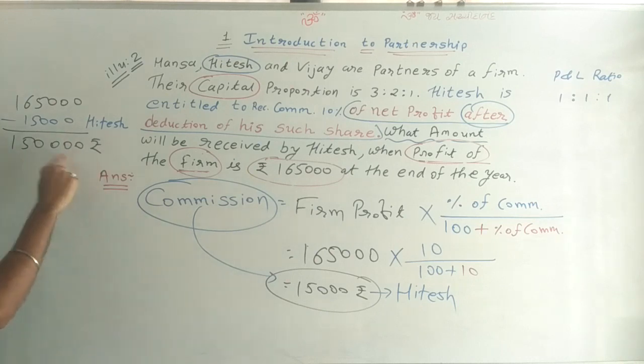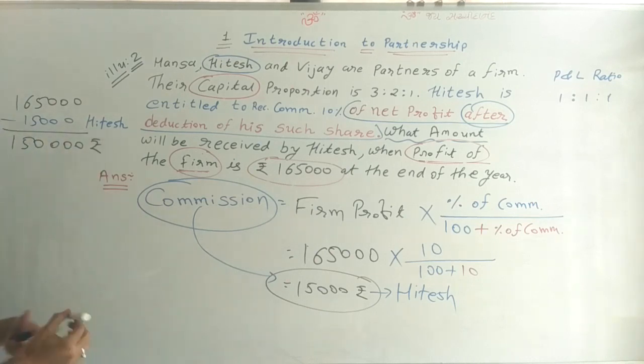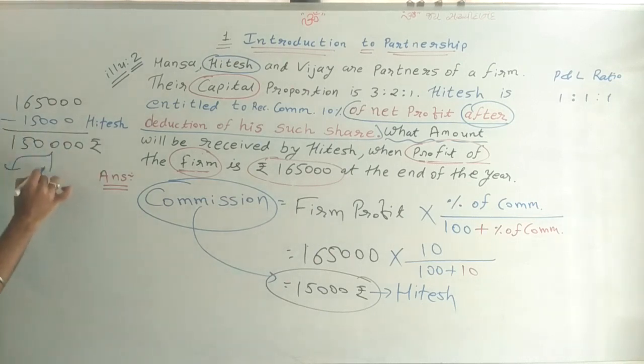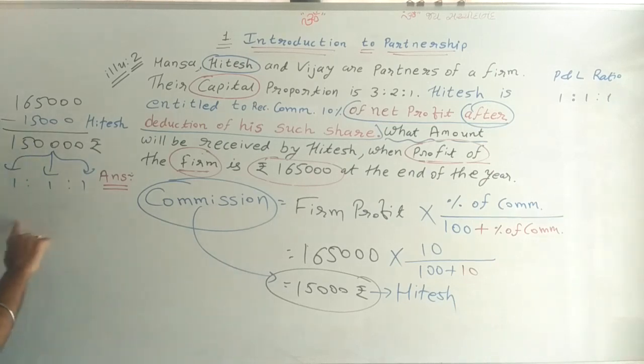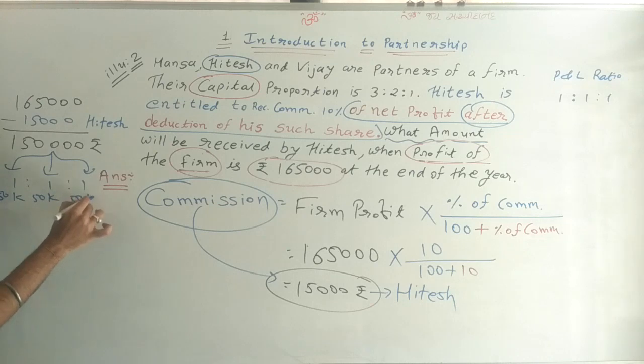Now this remaining profit of 1,50,000 we are distributing among 3 partners in the profit and loss ratio, which is given as 1, 1, 1. So we distribute 1,50,000 in equal proportion: 1,50,000 divided by 3. The answer is 50,000, 50,000, 50,000.